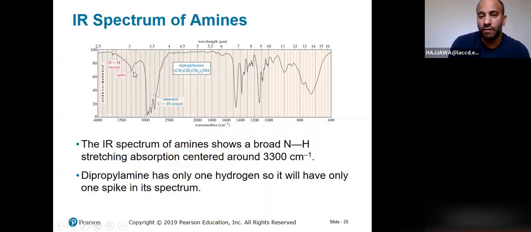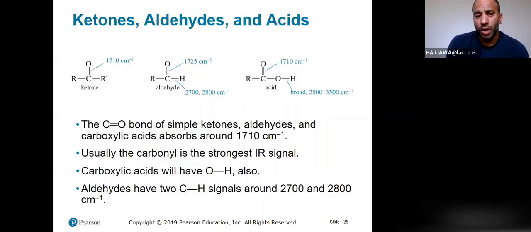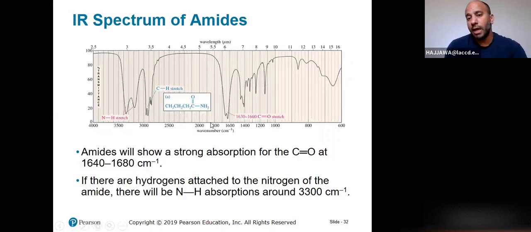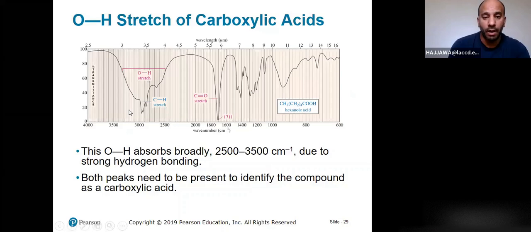So here's an example of a single NH bonded structure. And here's another for an NH2. So the two hydrogens attached to that nitrogen are actually causing those two spikes. And that's basically the difference between a primary amine versus a secondary amine.